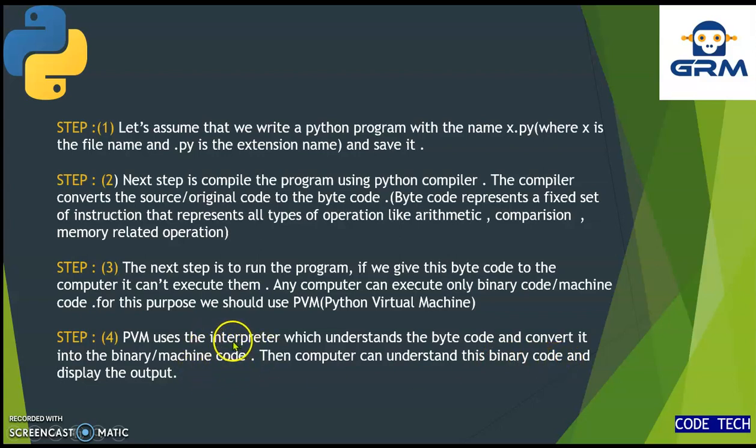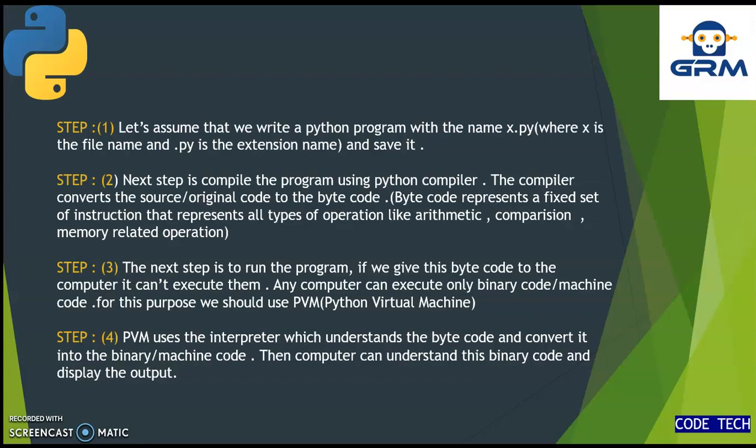Here many students have a doubt: what is an interpreter? An interpreter translates the program source code line by line. Hence it is a slow process. The interpreter found inside the PVM runs the Python program slowly. To rectify this problem, in some flavors of Python, a compiler is added to the PVM.